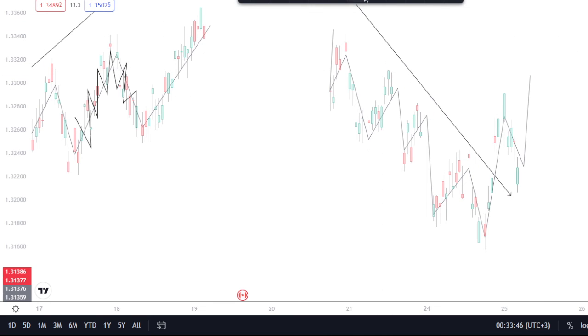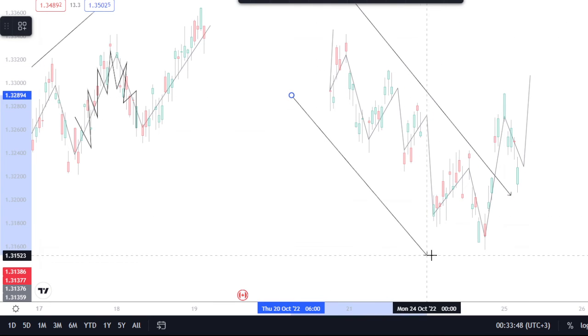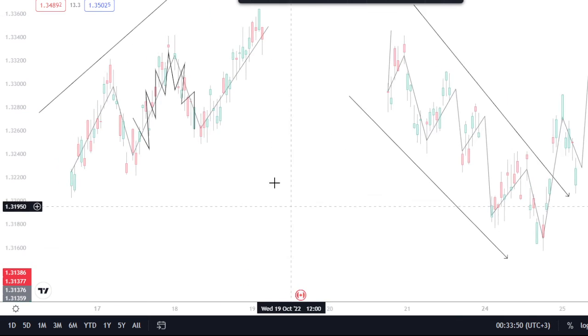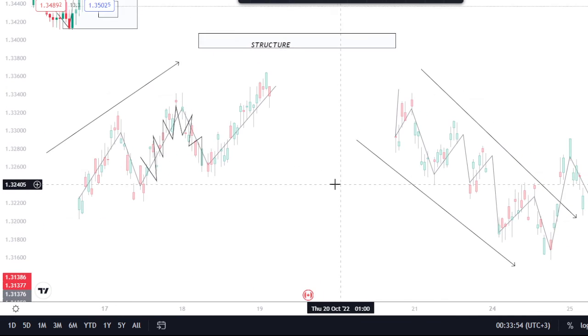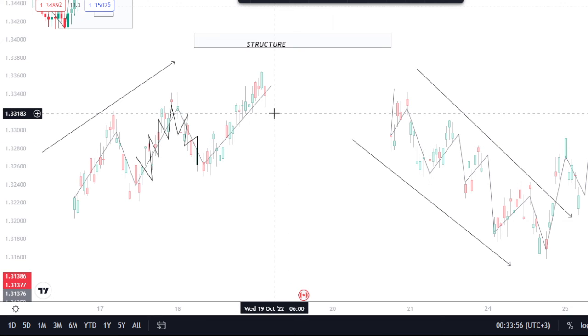Here you can see that with this trail, the market is going into a downtrend. This is what we call the market structure. If you are able to define the market structure, I think it can improve your trading style.